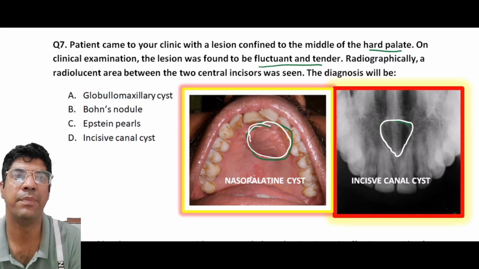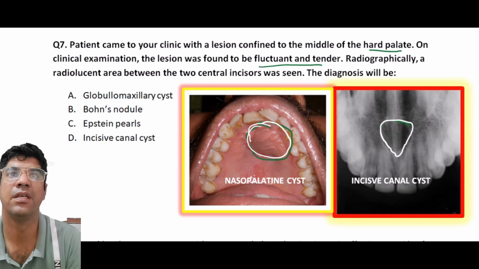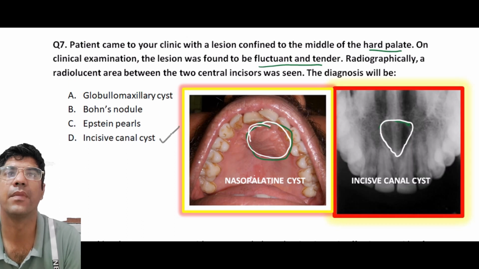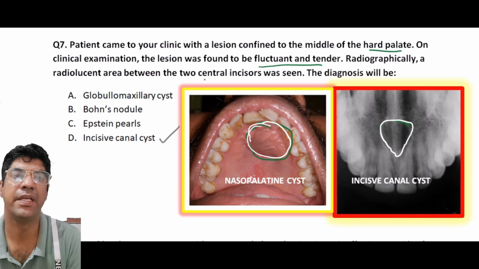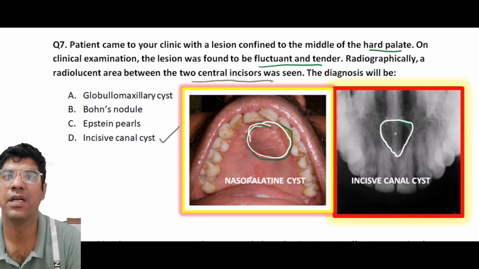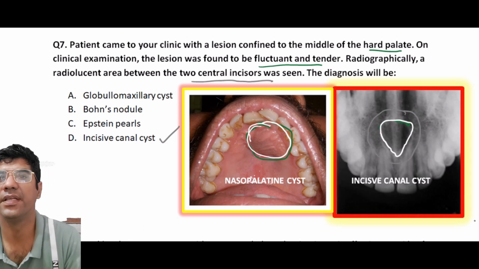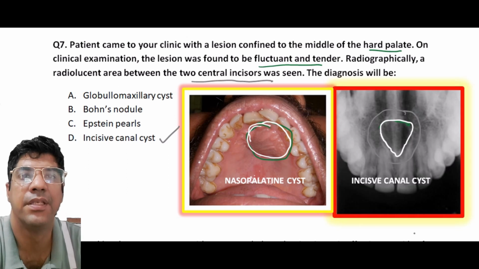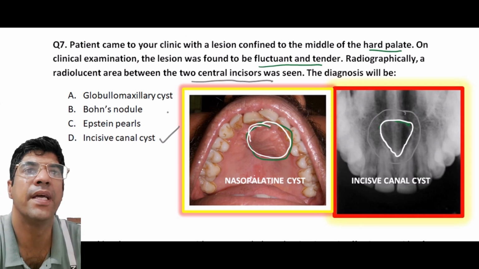So your answer will be incisive canal cyst. Remember, the incisive canal cyst is present between the two central incisors. Moving to the next question.